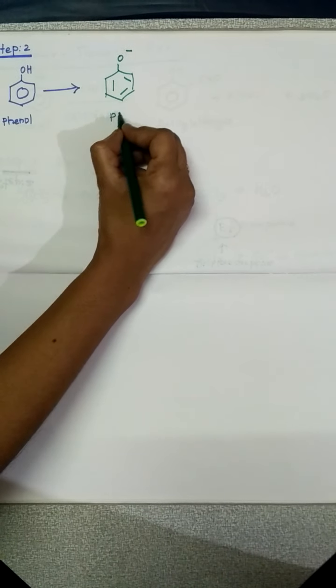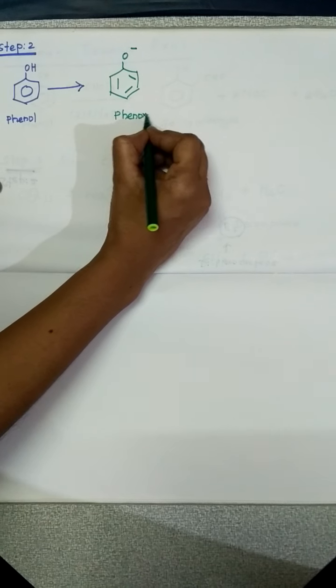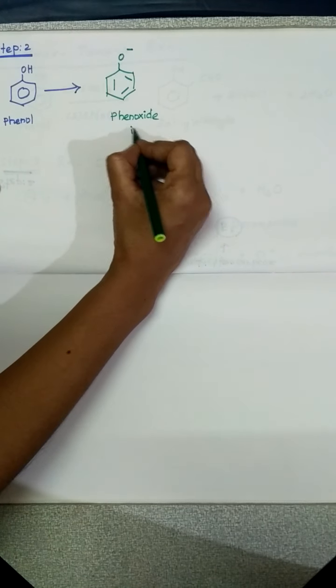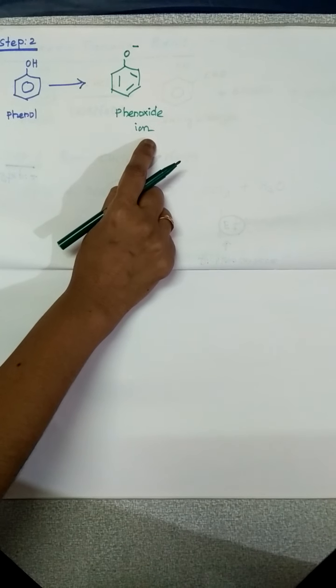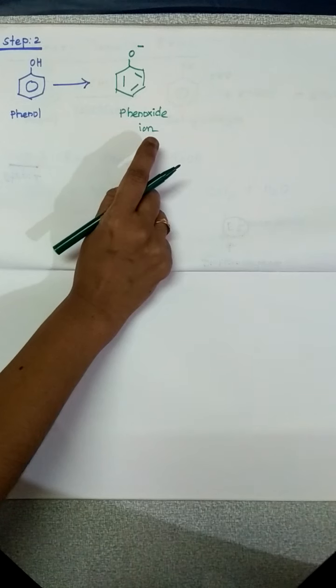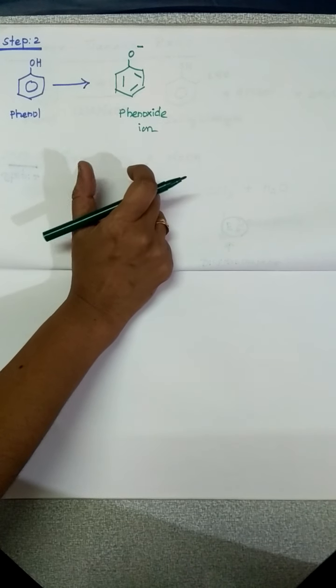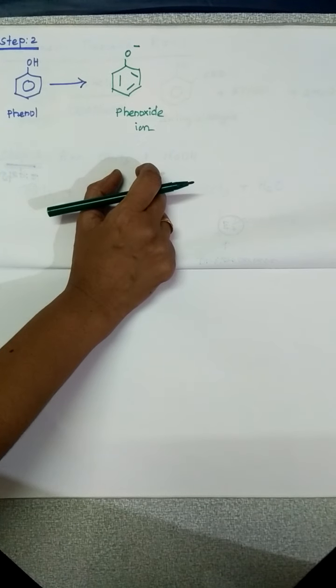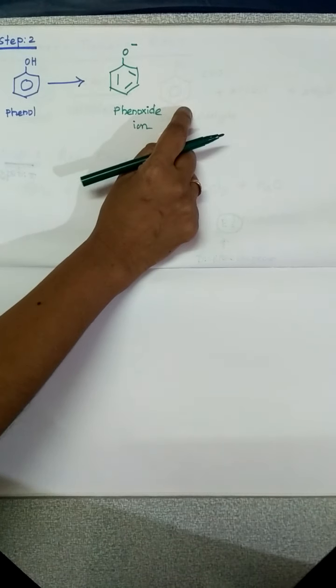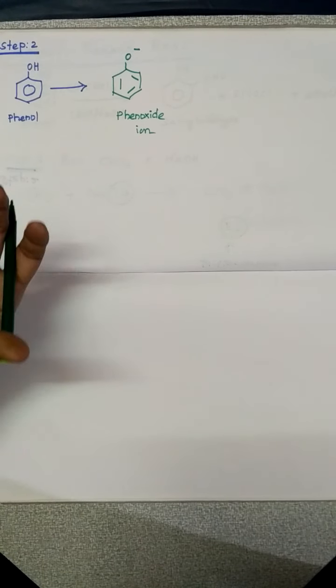So this is the phenoxide ion, which is the stable form of phenol. And why is this phenoxide ion the stable form? Because it has more stabilized resonating structures.